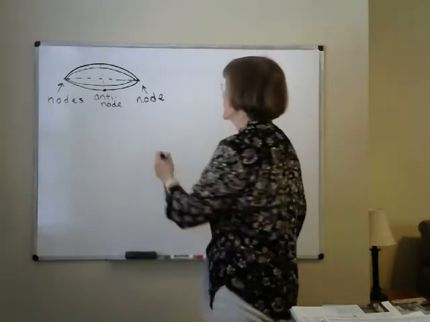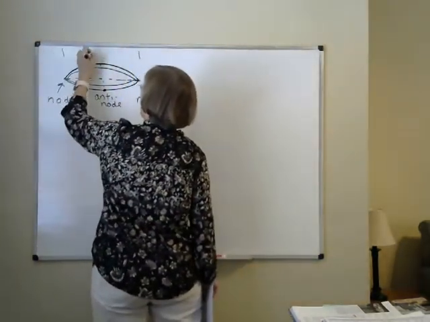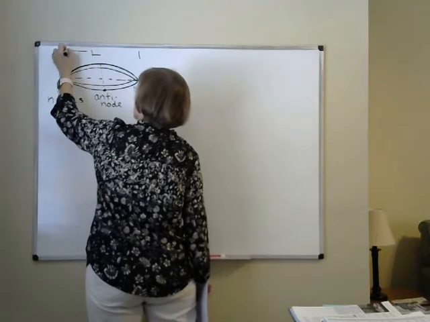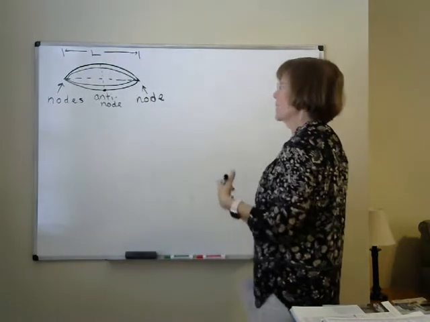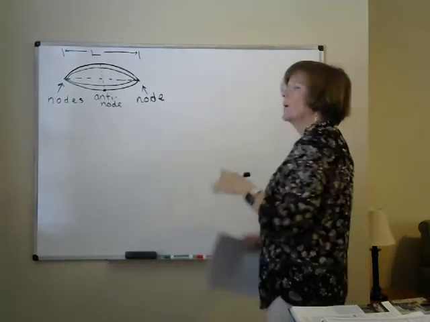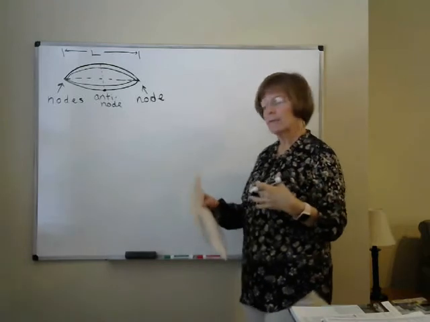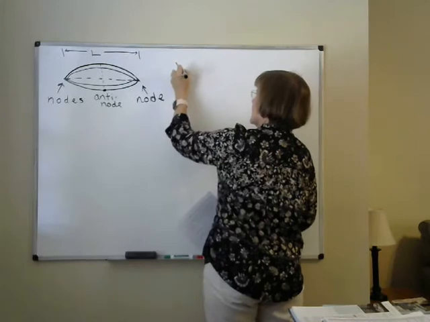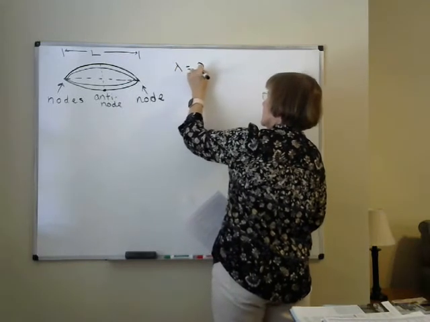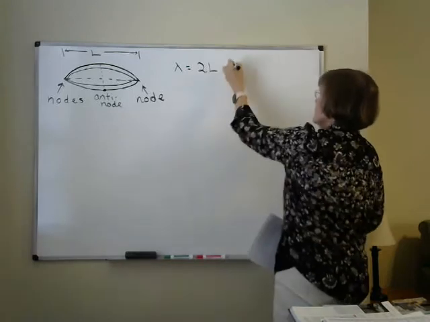If we assume that this string right here has a length of L from here to here, this particular standing wave is actually one bump, and one bump is half of a wavelength. We can see here that the wavelength would equal 2L. It has two nodes.